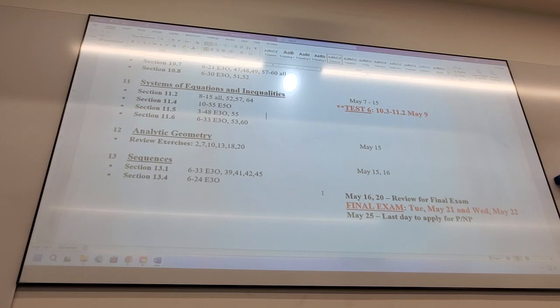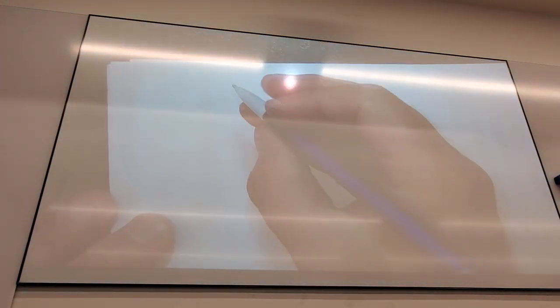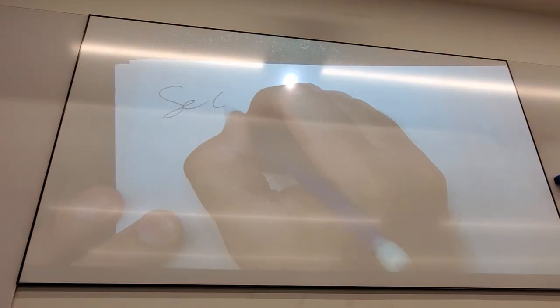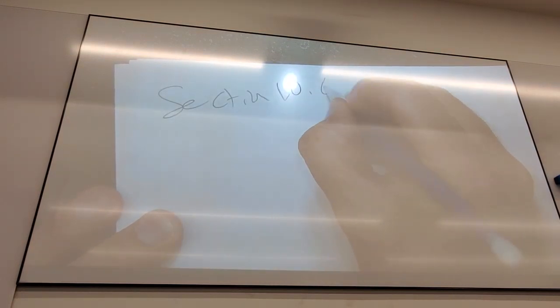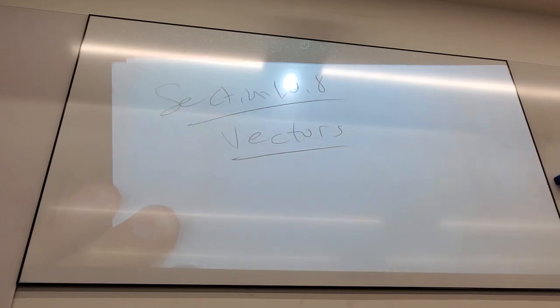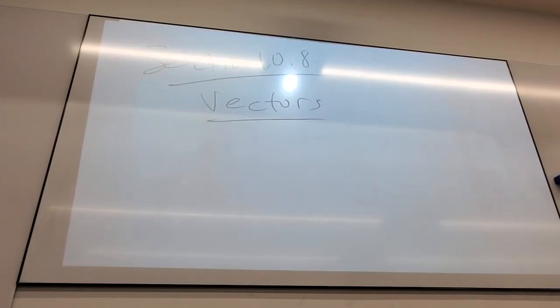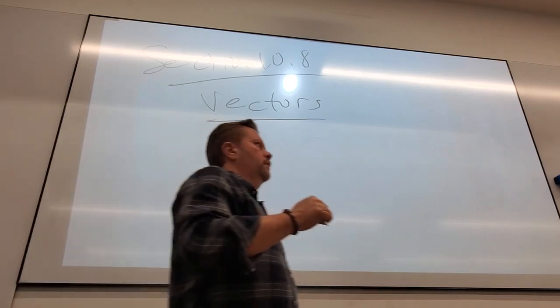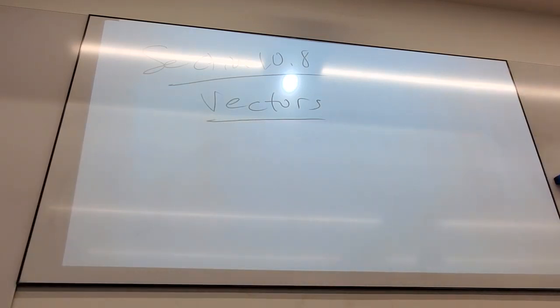Okay. So I want to talk just a little bit about section 10.8. Vectors. So let me ask you this. Speed, you all know what speed is, not the drug, I mean as you're moving in your car.